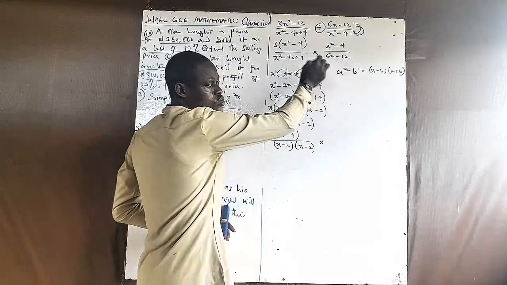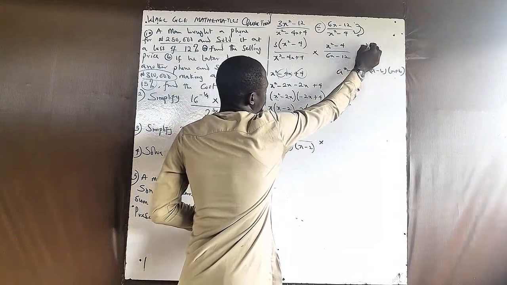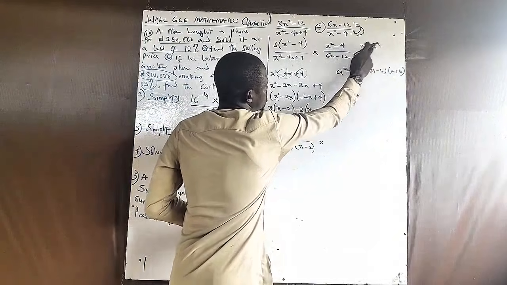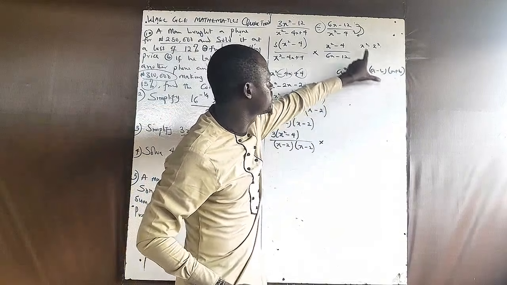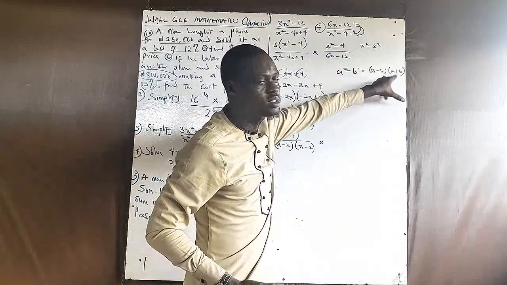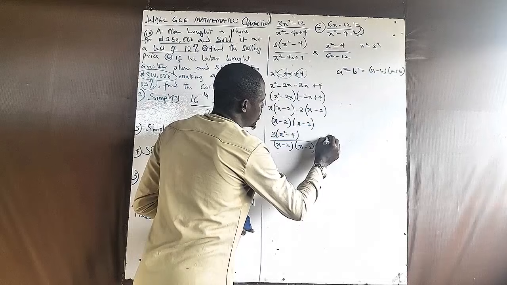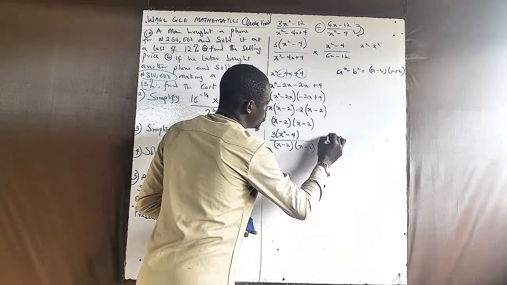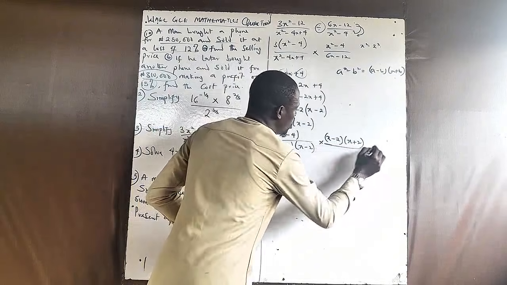I can easily rewrite this as s squared minus 2 squared, so this is a difference of two squares. Applying this formula, this is a, this is b, I'll be having s minus 2 bracket s plus 2, that's what I'm going to be having all over.